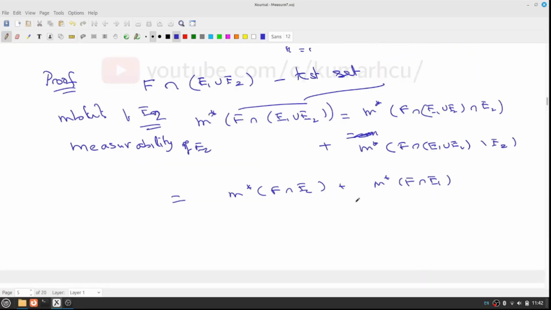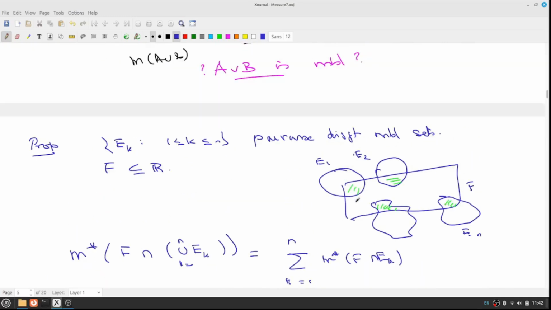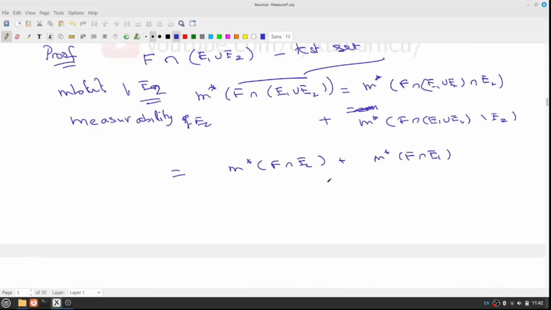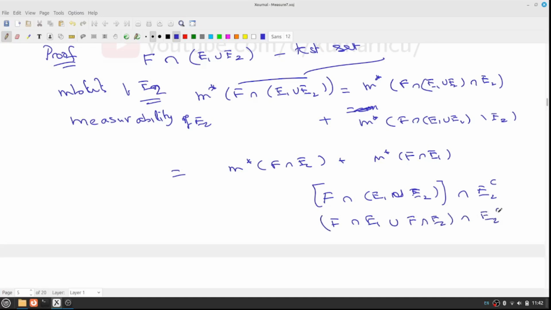Please check these things theoretically. Don't just go by the pictorial representation. You should also know this. What we are claiming is F intersection E1 union E2 intersection E2 complement. This is F intersection E1 union F intersection E2, intersected with E2 complement.